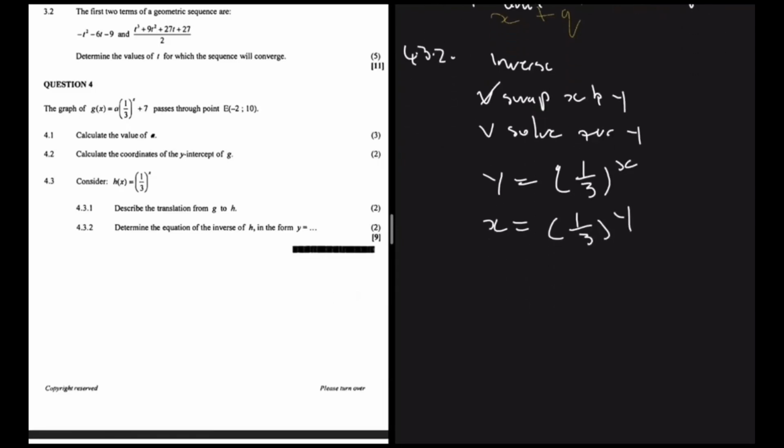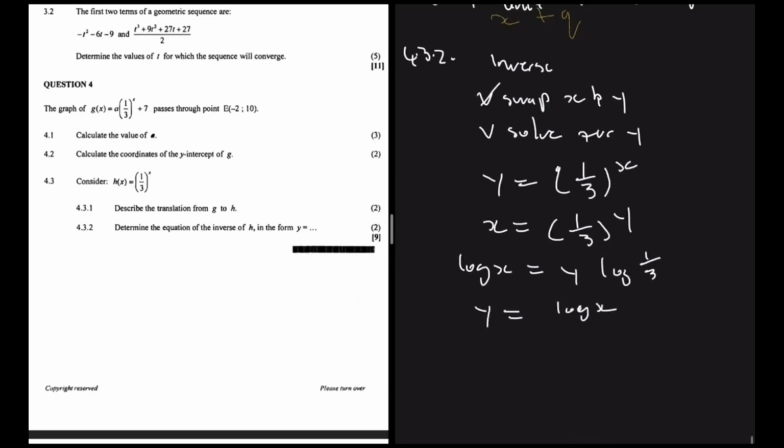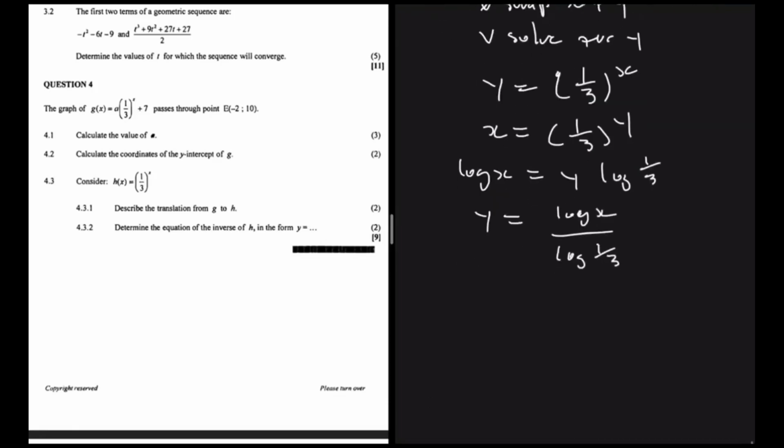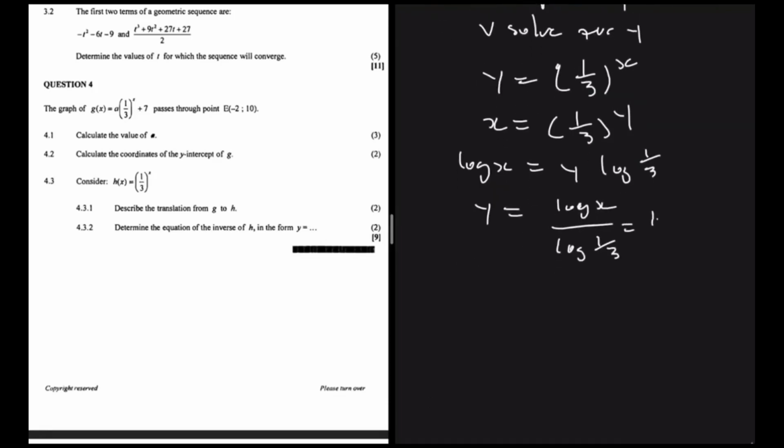Take logs on both sides. I get log of x equals y log of 1 divided by 3. If you take the log, you can bring down the y. So y equals log of x divided by log of 1 divided by 3, which gives me log of x base 1 divided by 3.